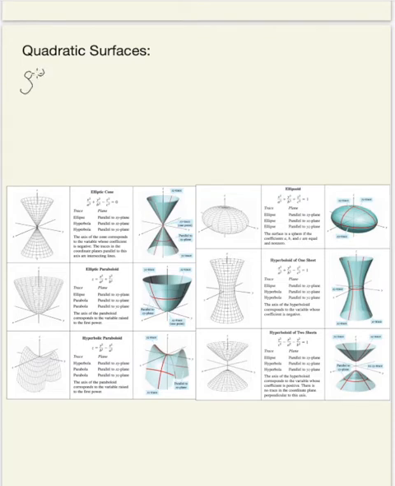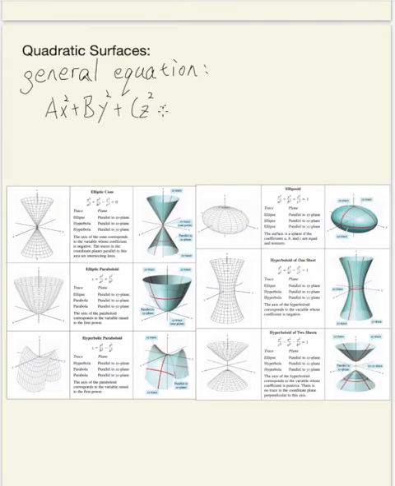So like this, the general equation for quadratic surfaces is ax squared plus by squared plus cz squared plus dx plus ey plus fz plus g equals 0. And a, b, c, d, e, f, g are all arbitrary constants.